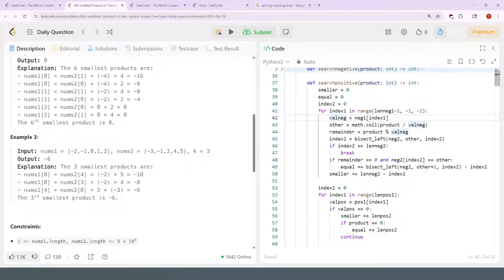I'm pretty sure you do. The ceiling of -3.3 becomes -3, and that is correct because -3 times -3 is +9, which is smaller than 10.